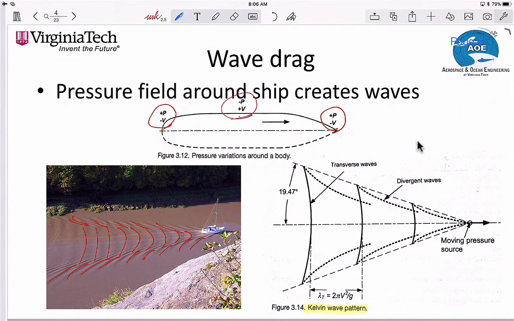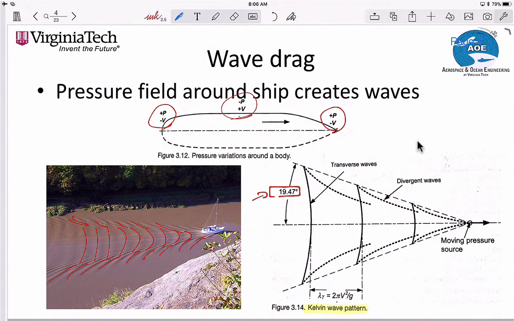And for slow ships, there's some critical Froude number we'll see in a second, but for slow ships, usually for the diverging wave pattern, it can be proven mathematically that the diverging angle is 19.47 degrees, right here, and that the wavelength is completely a function of just the ship speed.